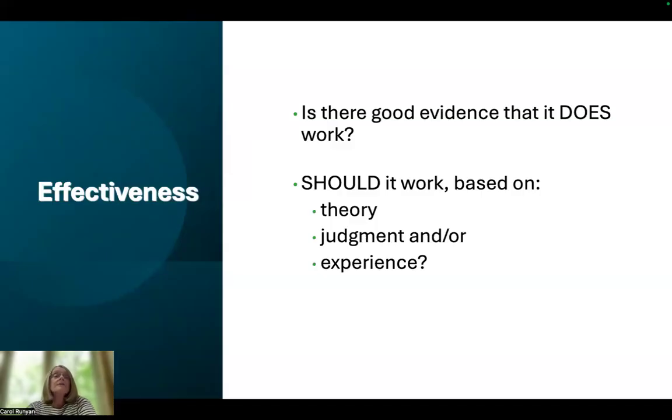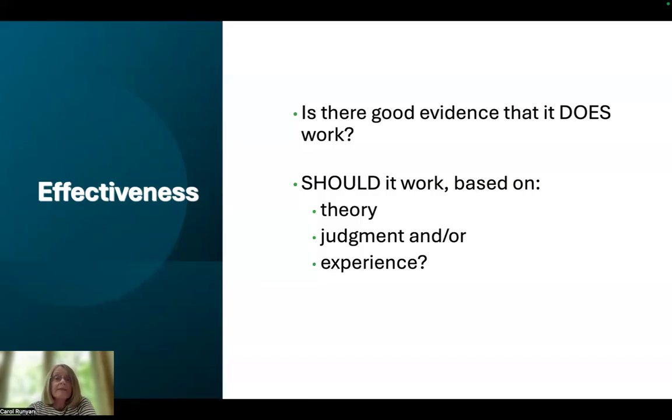Okay. So first of all, I think the first one to look at is effectiveness. Is there good evidence that the intervention you're considering works? There won't always be evidence, and so you may have to resort to whether it should work based on good theory, professional judgment, and/or the experience of others who have tried it but maybe not done careful evaluation.